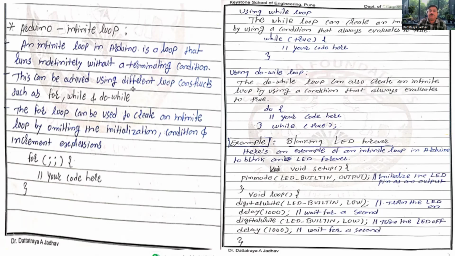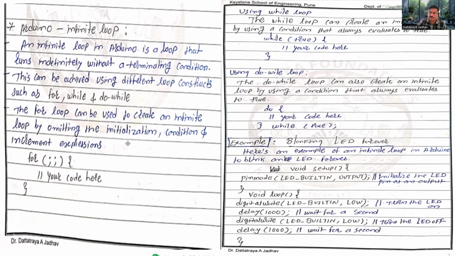This can be achieved using different loop constructs, such as for, while, and do while. So an infinite loop is possible with for, while, and do while. Considering this, the for loop can be used to create an infinite loop by omitting the initialization, condition and increment expressions.